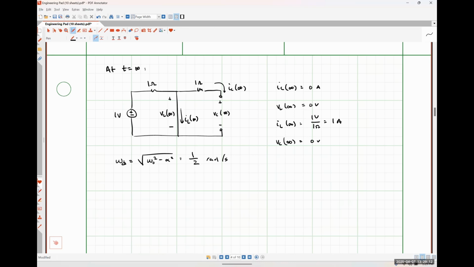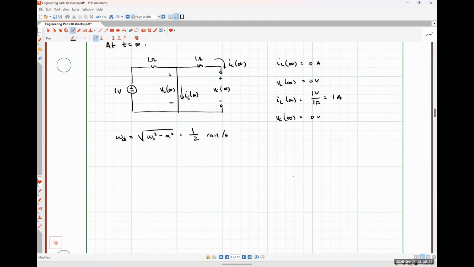Okay, so we have an underdamped system, so we're going to say that IL is B1 cosine omega d t plus B2 sine omega d t, all of that times e to the minus alpha t, plus IL at infinity.